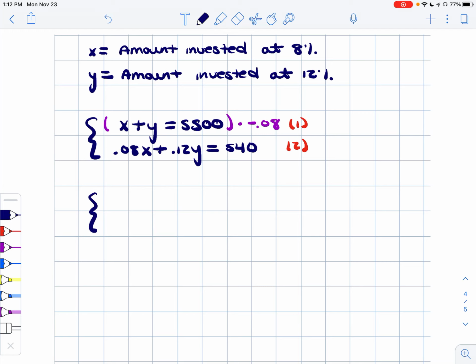Okay, so then our new equation, if we multiply that through, we'd have negative 0.08x minus 0.08y, and then the 5,500 times negative 0.08 is negative 440. In the bottom equation, we didn't change anything, so just copy that down.